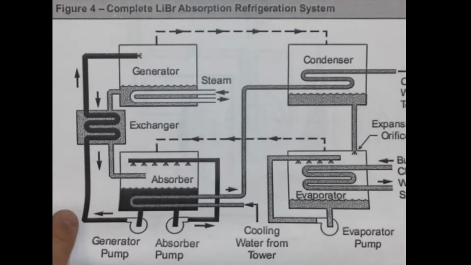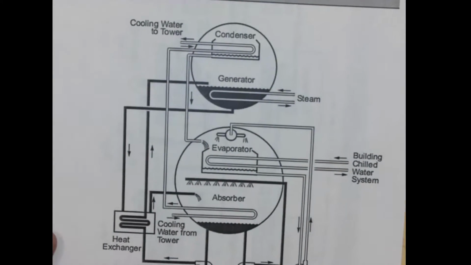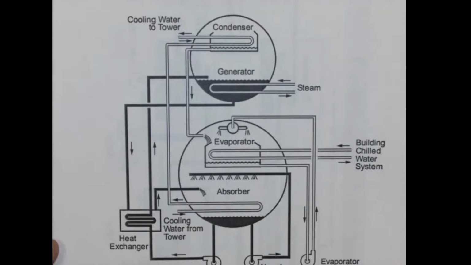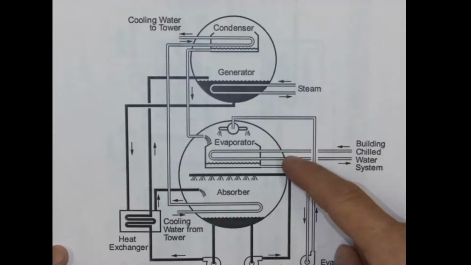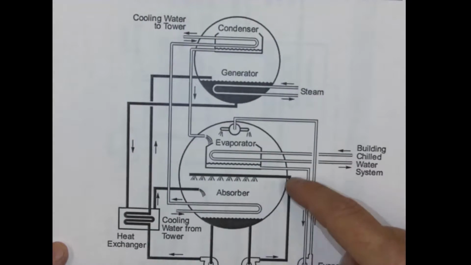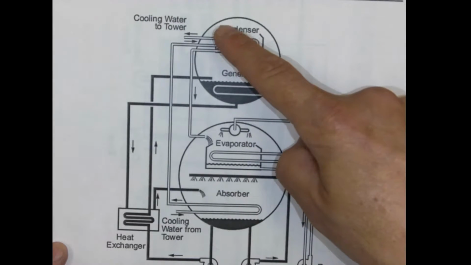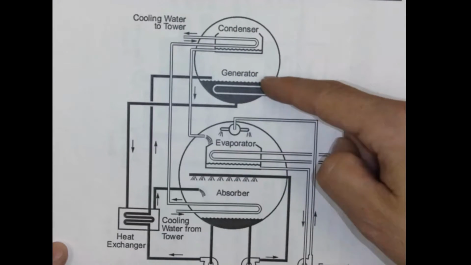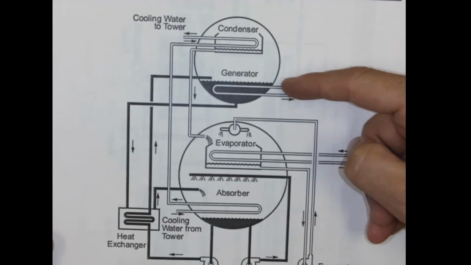And so what they often do in these systems is they'll combine them all into one. In this case, we have an absorber coupled with the evaporator. So instead of connecting by pipes as the vapor moves from the evaporator to the absorber, it's all contained within one vessel. Same thing up here between our condenser and our generator. It's all contained within one vessel.